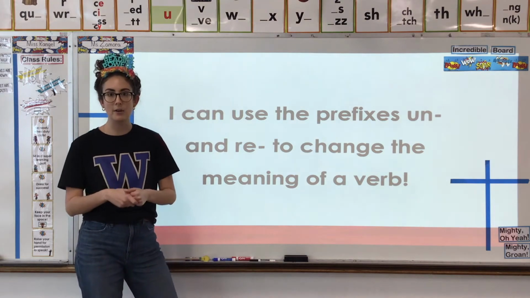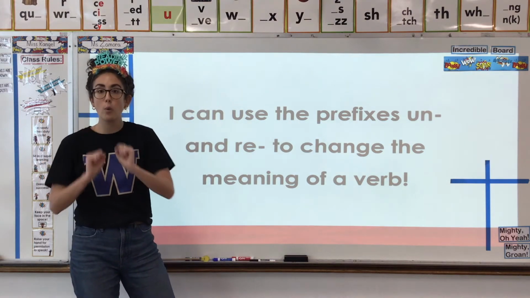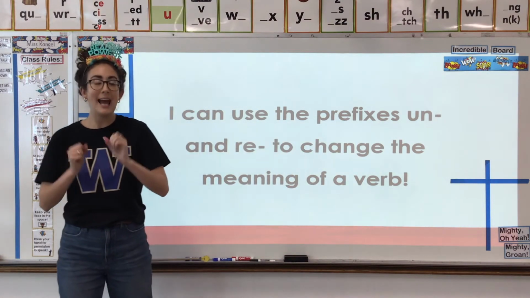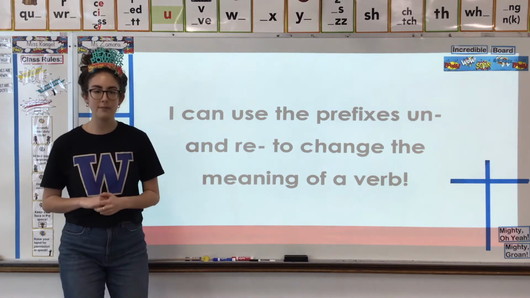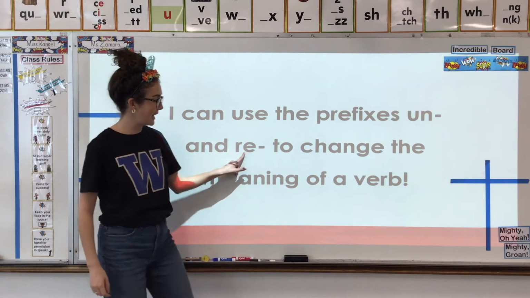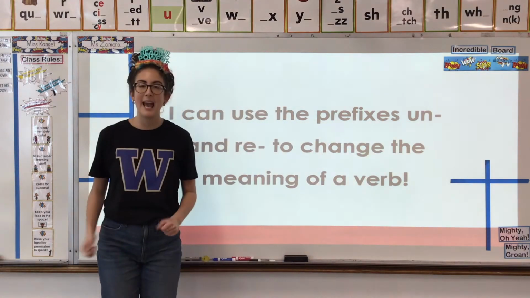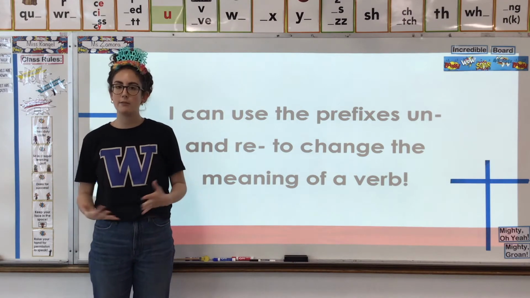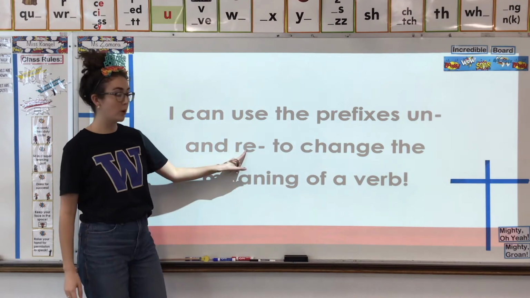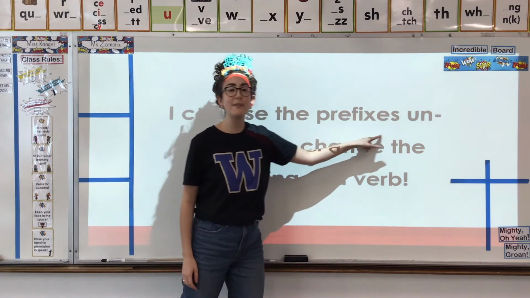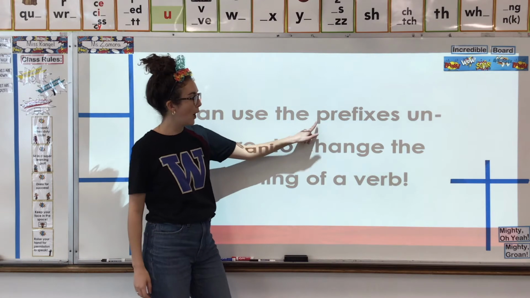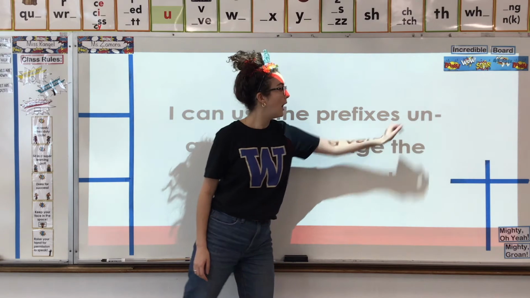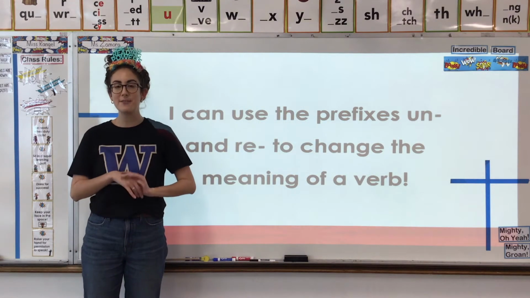So today, second grade, we're taking those two small word parts, un and re, and how they can change a verb. And these two small word parts are called prefixes. Can you say this word with me? Prefixes. One more time. Prefixes. Un and re are prefixes.